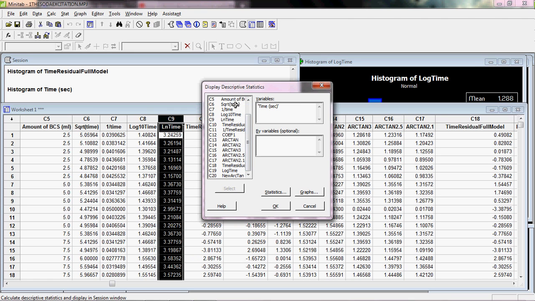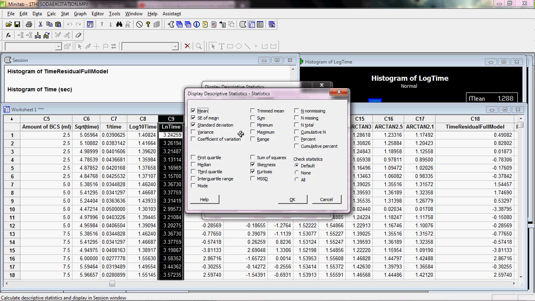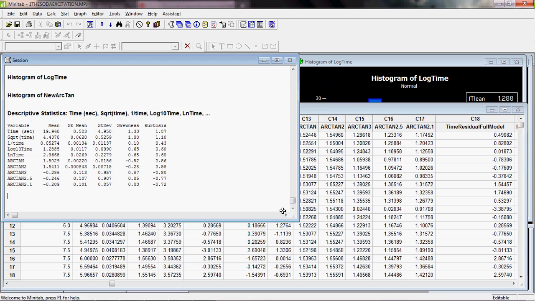I'm going to look at the square root of time, 1 on time, log 10, log base e, and then let's may as well stick all these arctans in, see what they come out with. Again, I'm really just interested in the skewness and kurtosis. You can chuck out the means if you want. Okay.